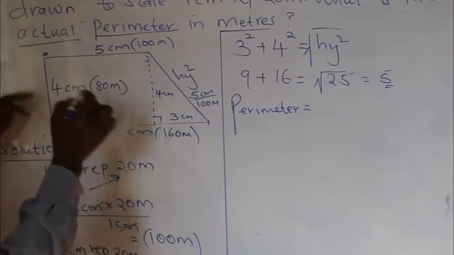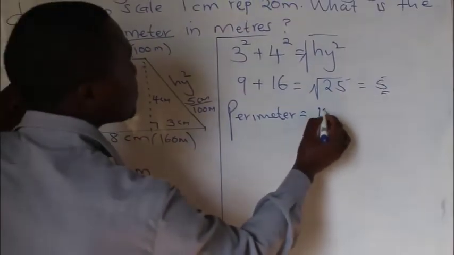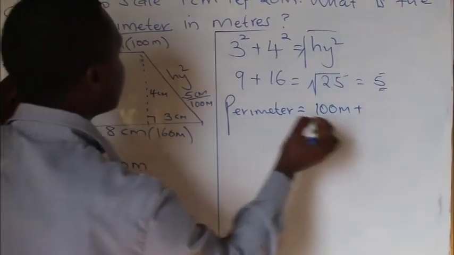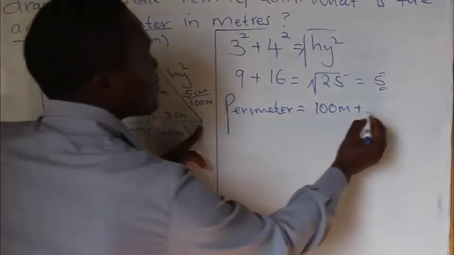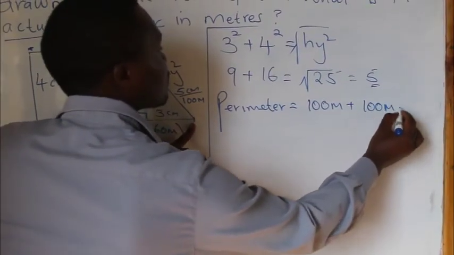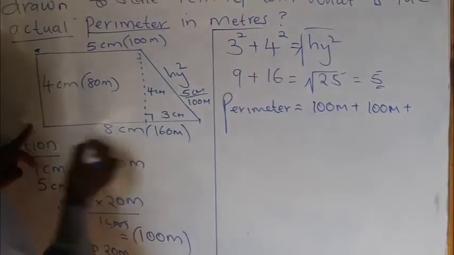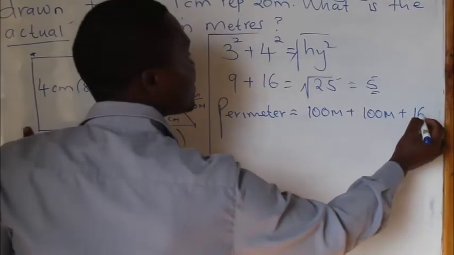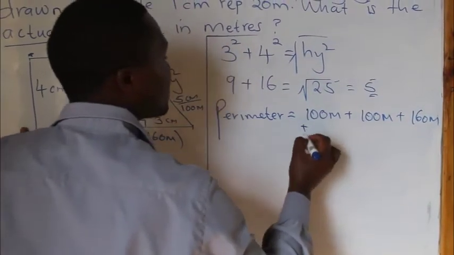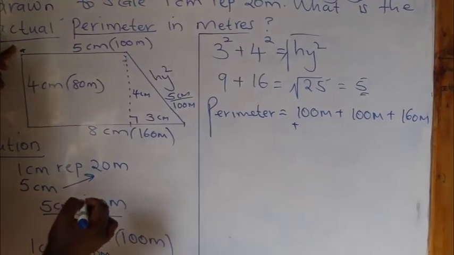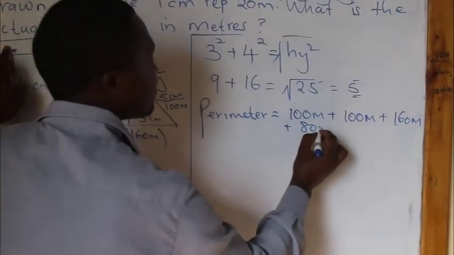Now the perimeter will be this. Let's run around this field. This is 100 meters, this is 100 meters. I go this way, this is 160 meters. Remember, I'm using the actual length. Go back to where we started from, that is 80 meters.